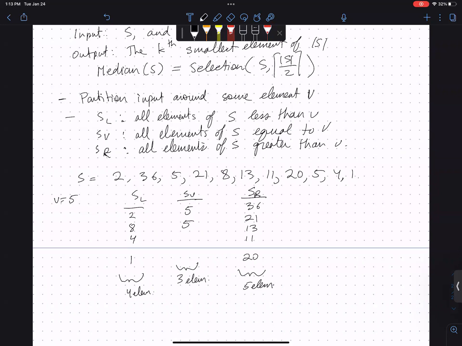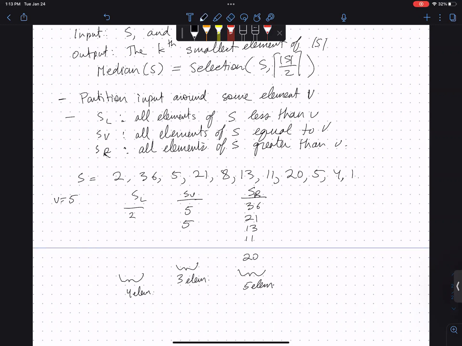So what if the question was the 6th smallest element? Looking at this, how do you know the answer? Yeah. 8 is more than 5? Oh, that's a good point.